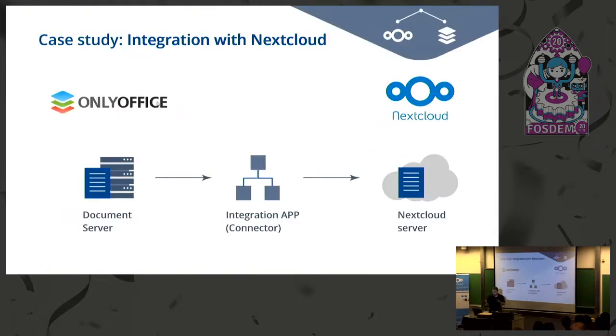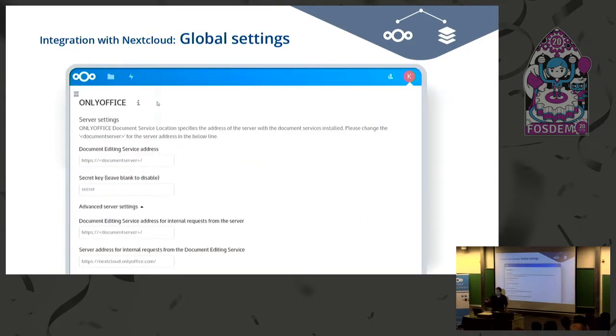Now, briefly explain how it looks like using a connector with Nextcloud. You need to create some kind of global settings and user settings when creating a connector to ONLYOFFICE. So you may create server settings using configuration of your server, but we did an admin menu for Nextcloud, and here you just see a few fields.